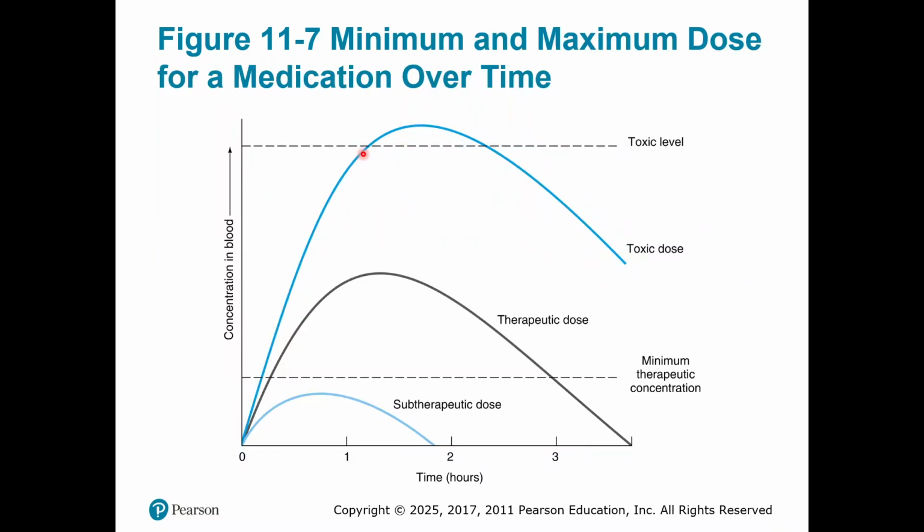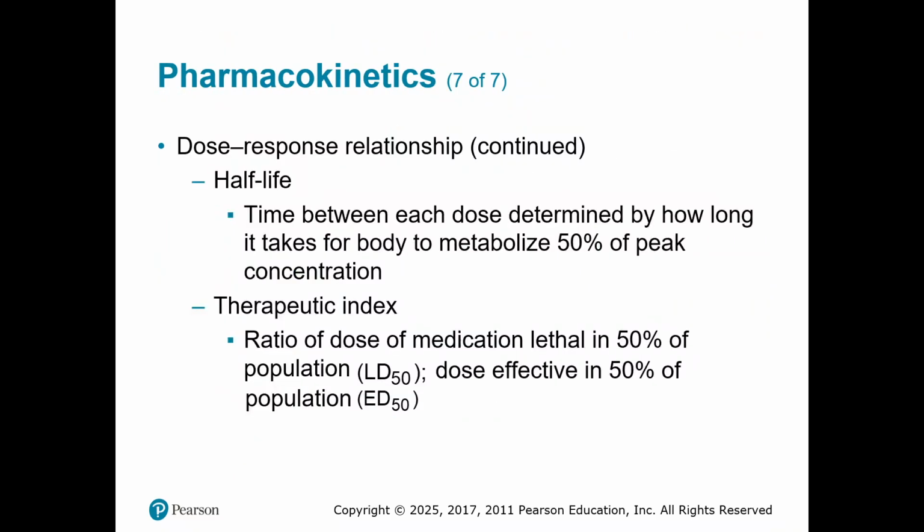So this right here, the horizontal axis is labeled in time and hours, and the vertical axis of the graph here is concentration in blood. All right. I'll let you look at that slide. It's pretty self-explanatory, though, but if you have questions, let me know.